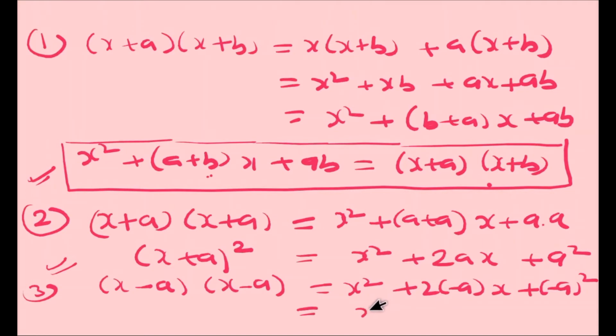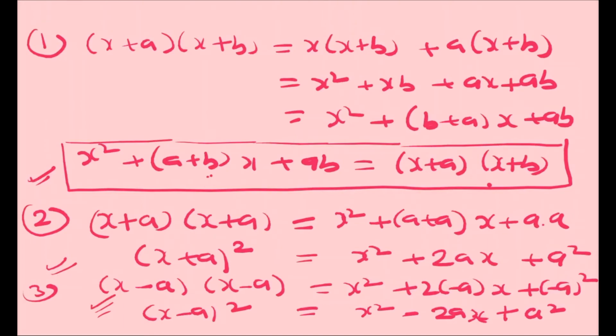Now it will be x square minus 2ax, and minus a square is even, therefore it is positive, that is a square. So you have to learn this way: x minus a whole square equals x square minus 2ax plus a square, right?